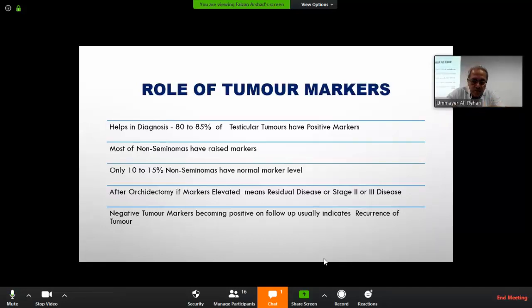The second point, most of the non-seminomatous tumors have raised markers, not all markers. You have to consider that AFP is absent. If you find a normal value of AFP, this is not a non-seminomatous germ cell tumor, right? Okay.